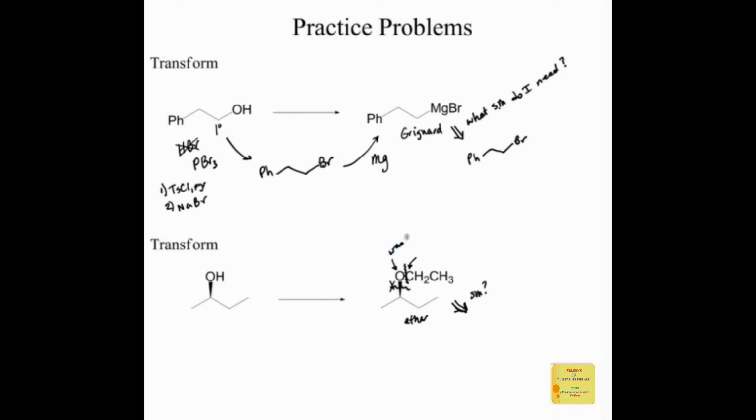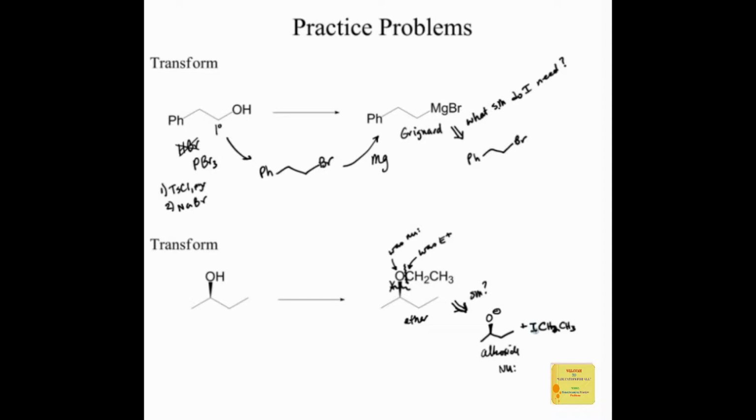The oxygen was our nucleophile. The carbon was our electrophile, and that's how we come back to our alkoxide nucleophile and an alkyl halide. The way we make this carbon electrophilic is we add on a halogen.